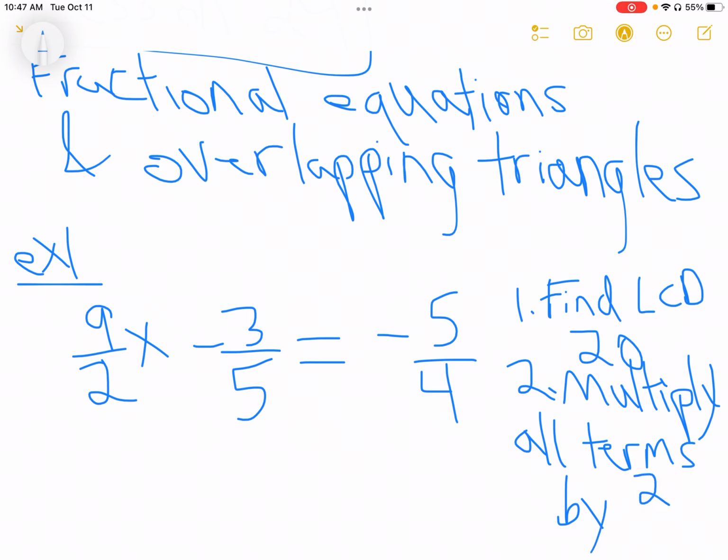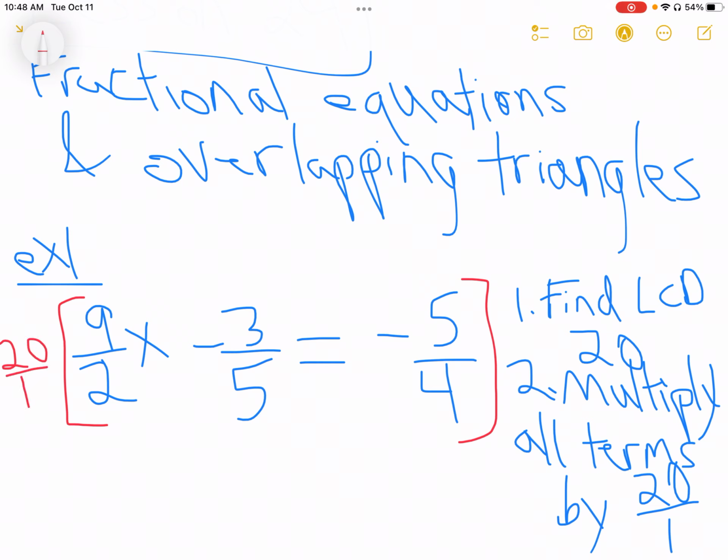And when I say 20, right, 20 is the same as 20 over 1. So I can write 20 over 1 just to be clear here, and then we'll see what happens. So let's use a different color to show this. So let's use my red. So I can multiply all the terms by 20 over 1.